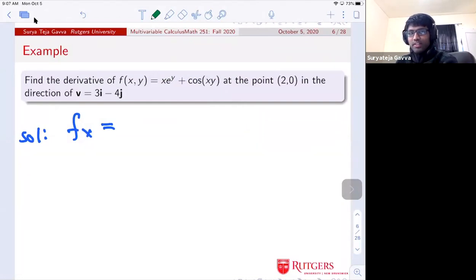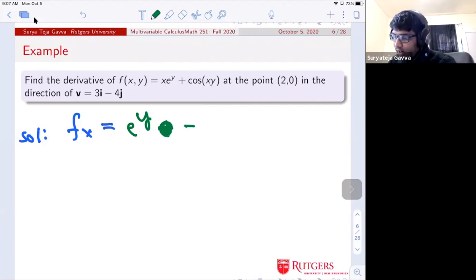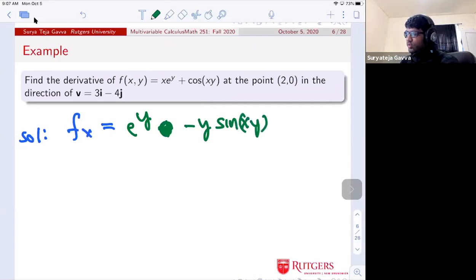What would be the partial derivative fx along the x-axis? Yeah, so this is exponential y minus y sine xy. If you differentiate x exponential y, you get exponential y, and the derivative of cosine xy is minus y sine xy.